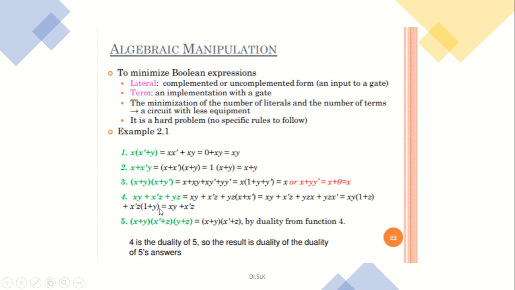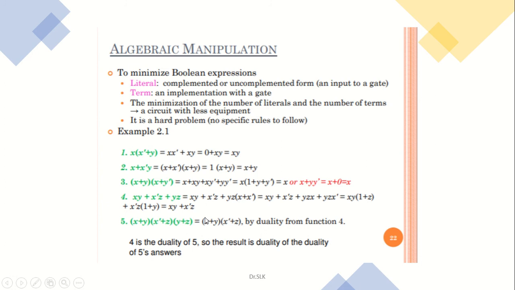Any variable added with 1, the value should be equal to 1. Using that principle, here z is added with 1, the value is equal to 1, and here the variable y is added with 1, the value is equal to 1. So the remaining will be xy plus x dash z.